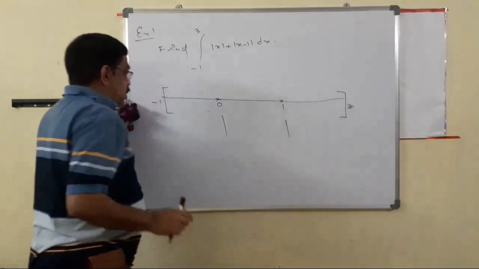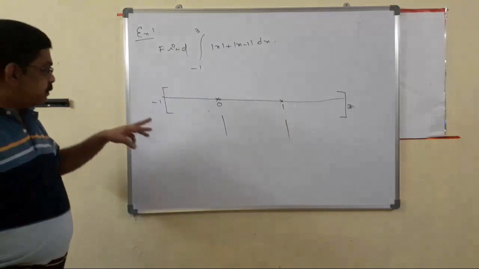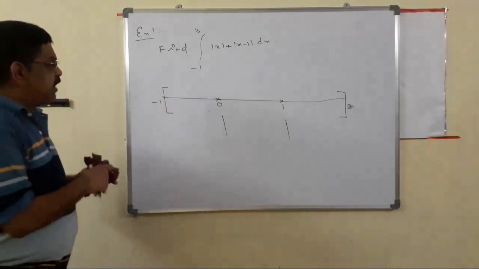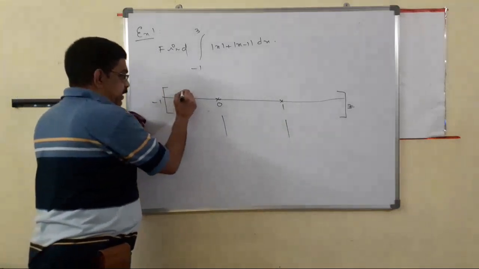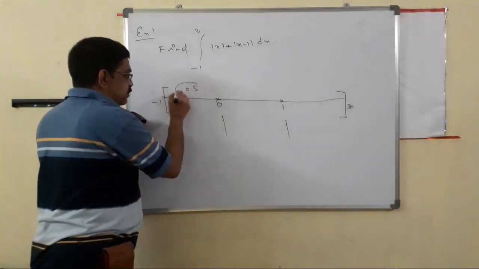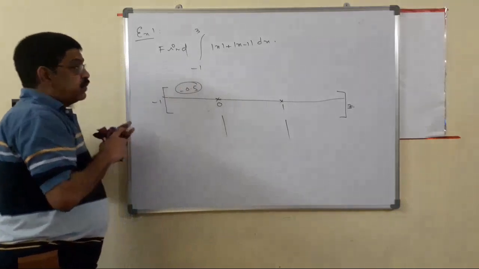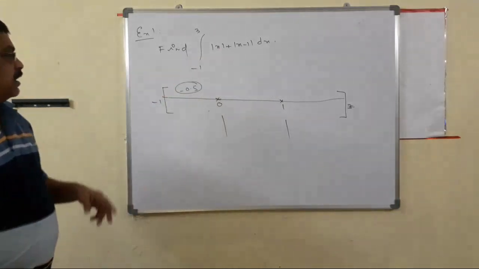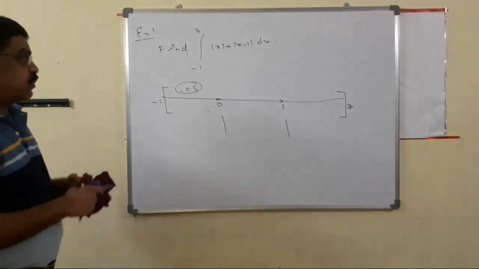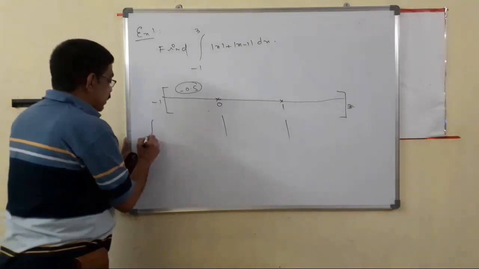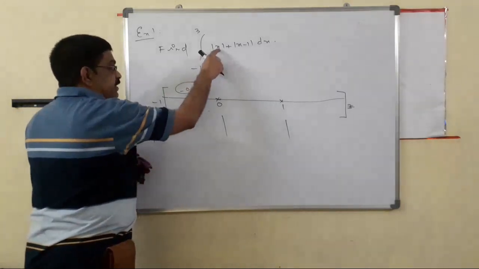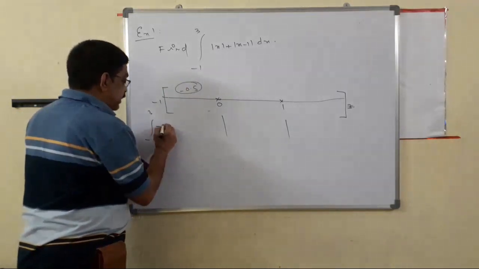And you get 3 cases here. When the value of x is between minus 1 and 0, I can choose minus 0.5. What is the output of mod x? That is going to be negative, so the minus gets attached and I get minus x.